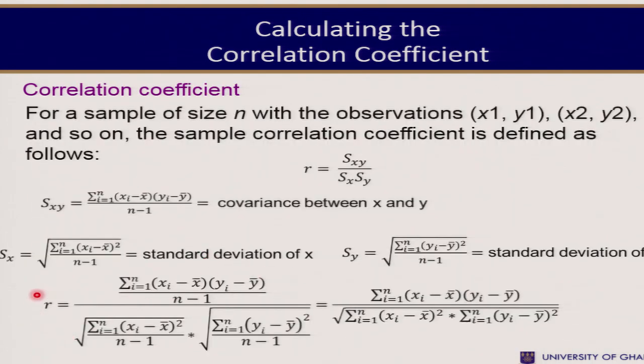We said that R, which is our correlation coefficient, is the covariance between X and Y, which is giving us the summation of X minus X bar times Y minus Y bar divided by N minus 1.